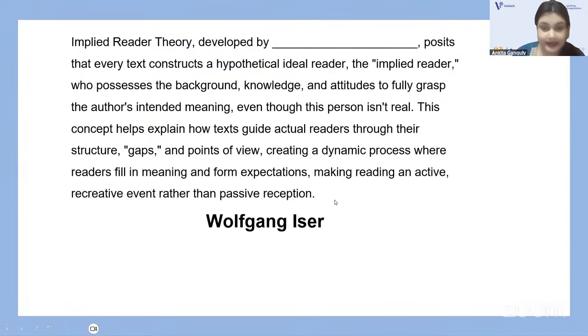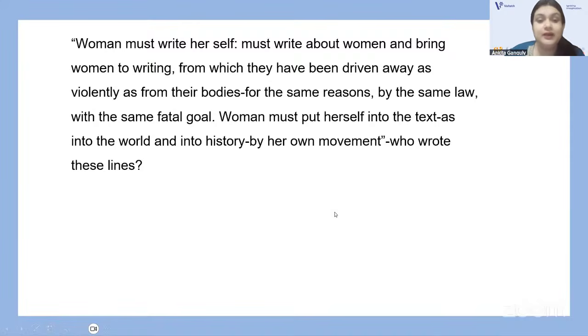Next. Woman must write herself, must write about women and bring women to writing, from which they have been driven away as violently as from their bodies, for the same reasons, by the same law, with the same fatal goal.